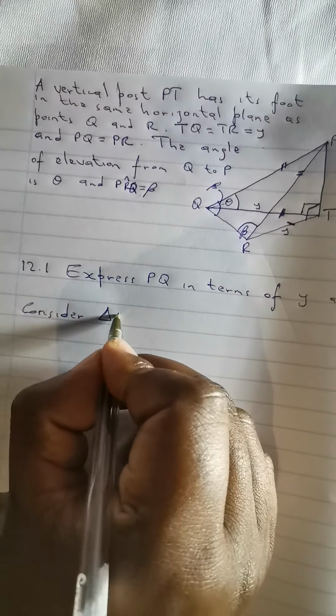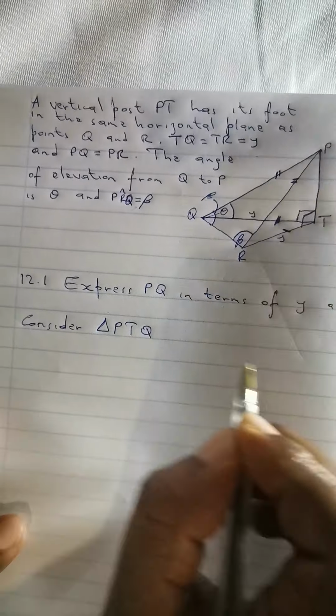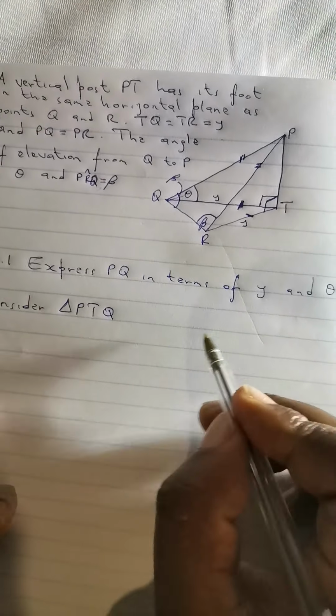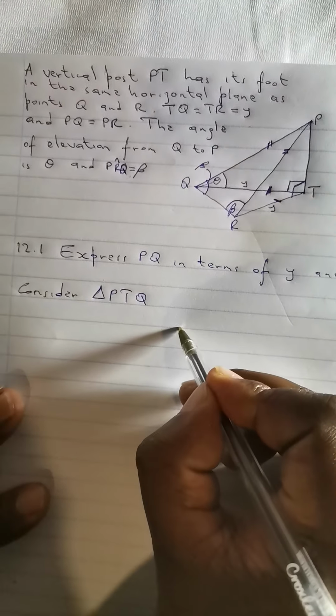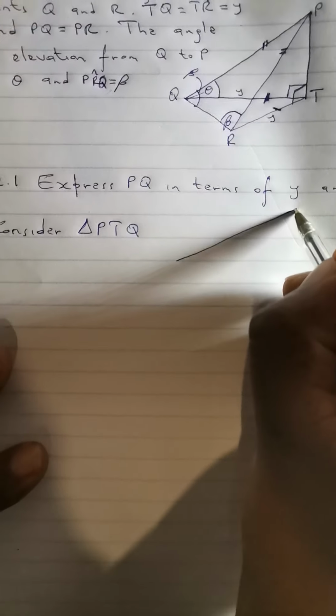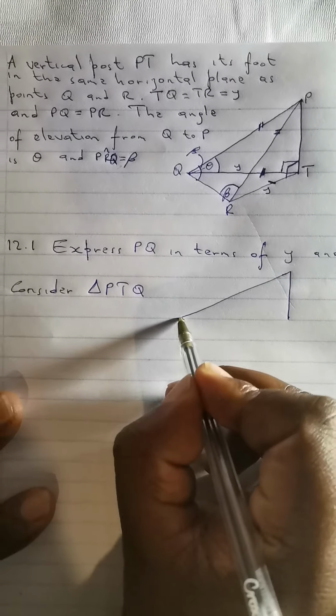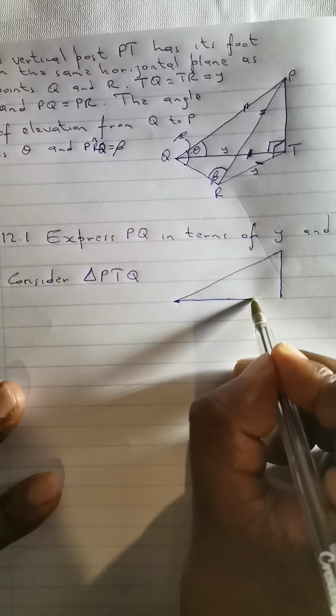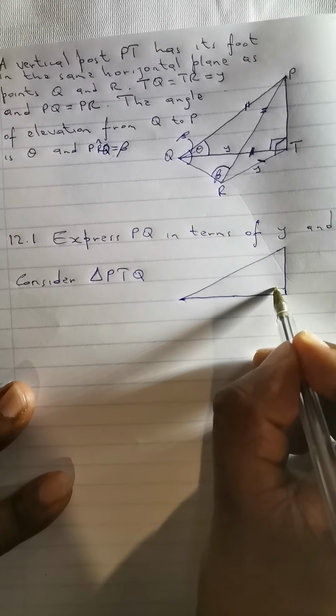So in solving 12.1, let's consider triangle PTQ, and perhaps let's draw it. Okay, this is for demonstration purposes. When you're actually doing this for an exam, you don't need to go through this pain of drawing it, right?